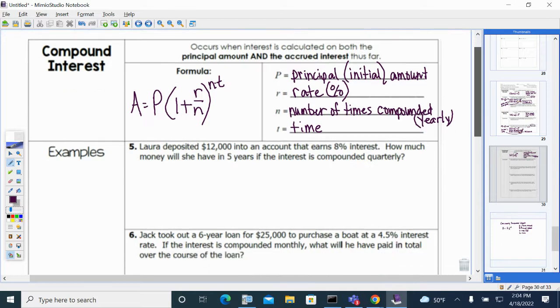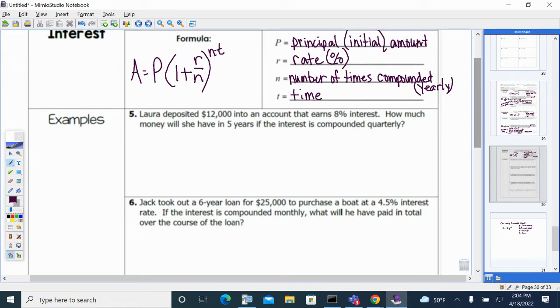So you might see things like compounded annually. And that means one time per year. It might say quarterly. And that means 4 times per year.